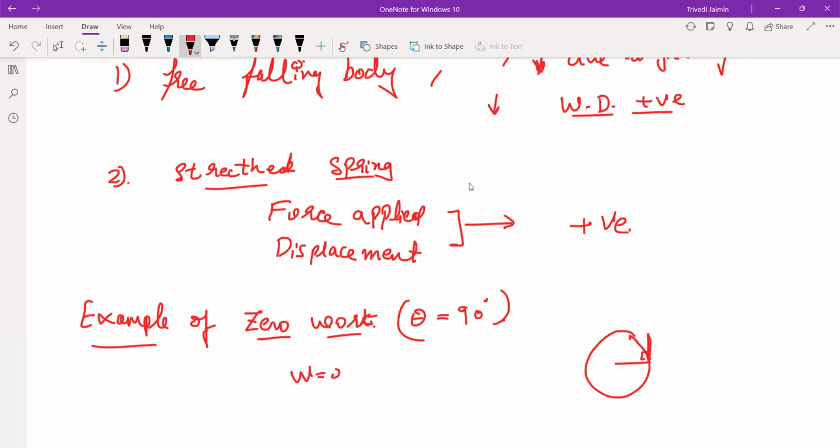Therefore, work done is zero when we are moving in a circular path. Another one: someone carrying luggage on the head, generally, let's say a coolie.